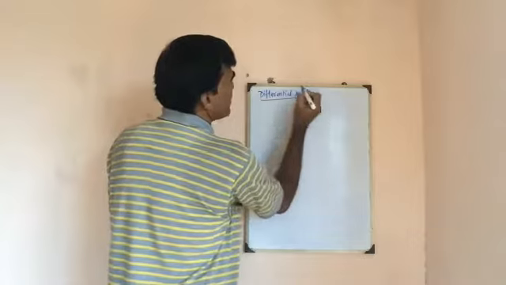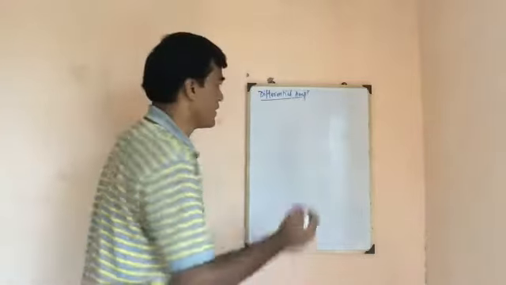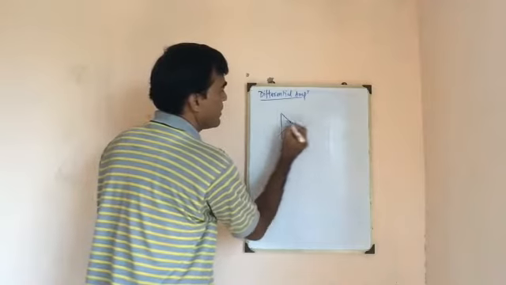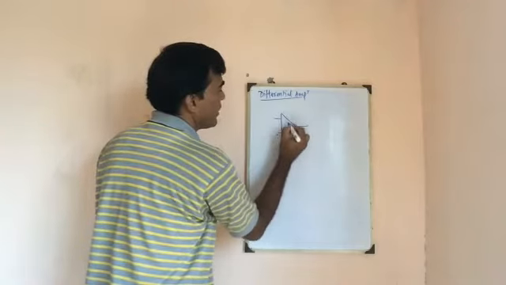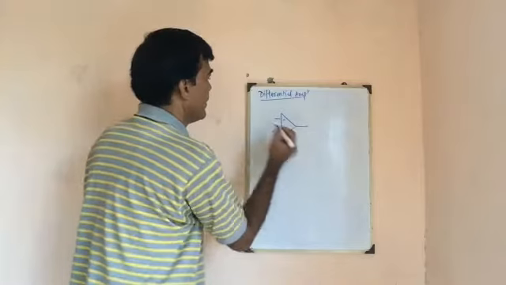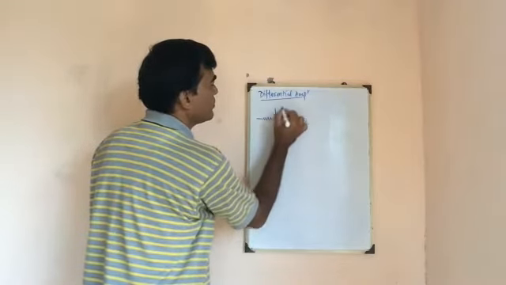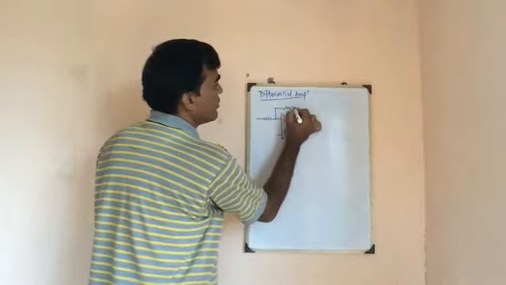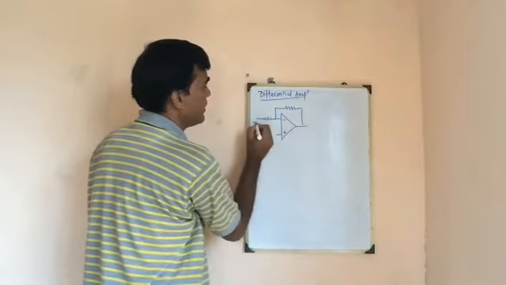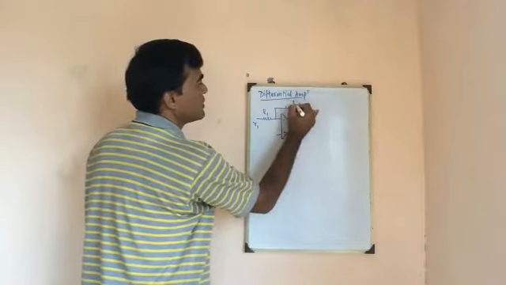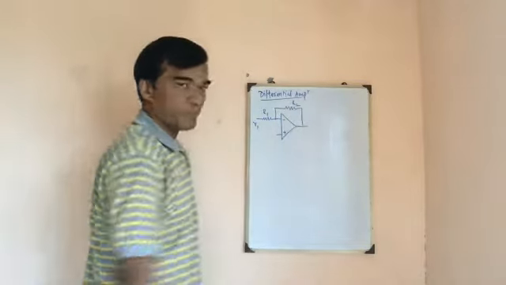The circuit configuration for the differential amplifier is something like this. So we have an op-amp, inverting terminal, non-inverting terminal. To the inverting terminal, we have applied one input, let us say V1, this is R1, this is resistance R2.